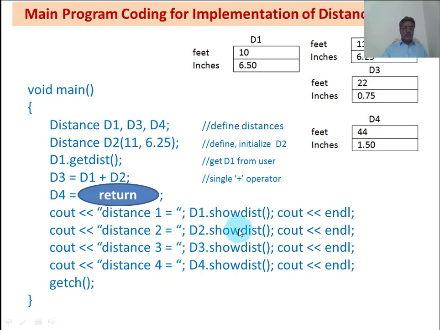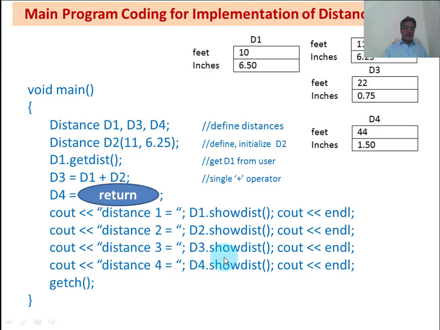Then d2 will call showDist, and here the showDist function will display the value of d2. The value of d2 is 11 feet 6.25 inches. At this location, d3 will call the showDist function, and showDist will display the value of d3. The value of d3 is 22 feet and 0.75 inches.